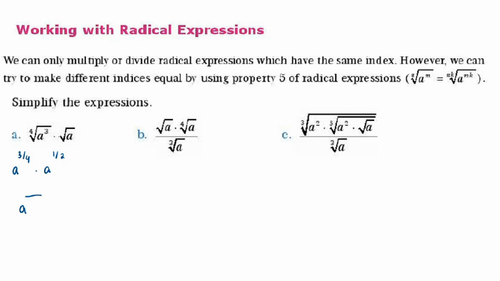So the exponents are 3/4 and 1/2. The LCD between 4 and 2 is 4. Okay, and then the LCD divided by the denominator, 4 divided by 4 is 1 times the numerator 3. So therefore the product is 3 plus, I will use plus because this is multiplication.